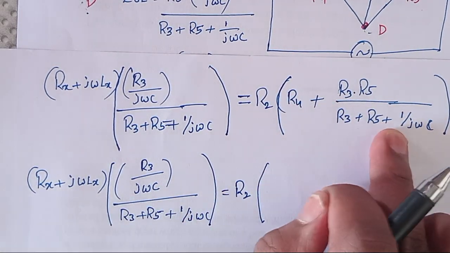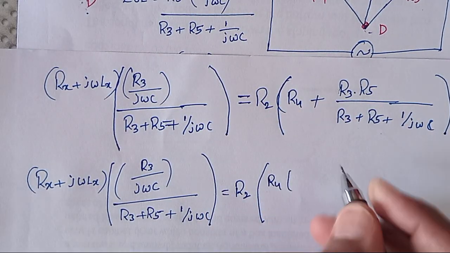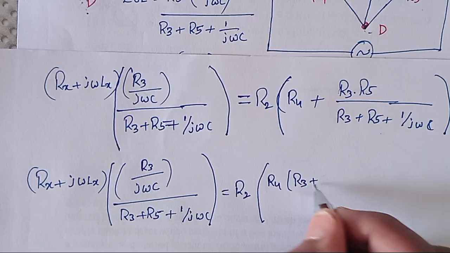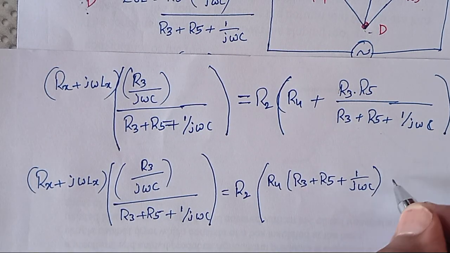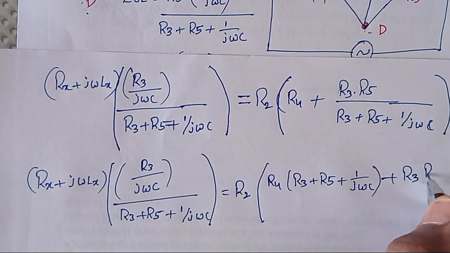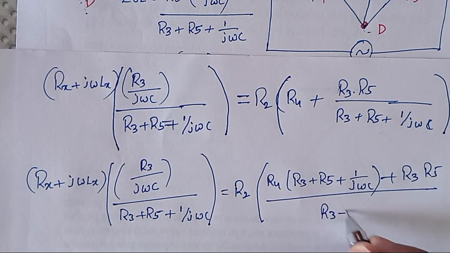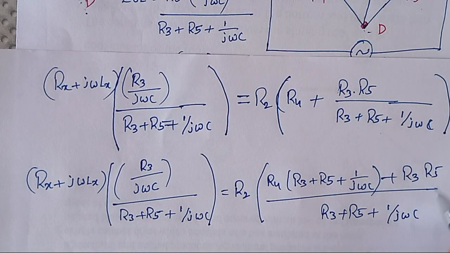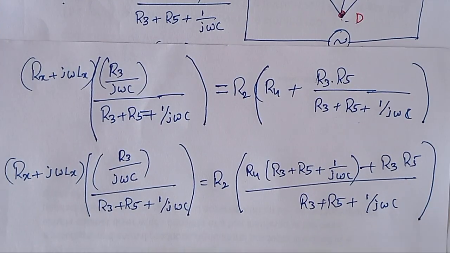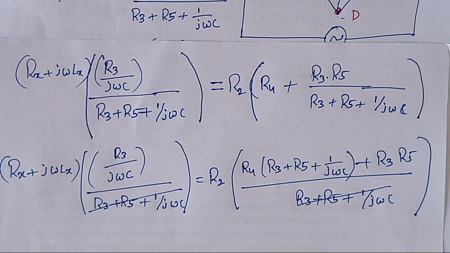So this one into this one, R4 into R3 plus R5 plus 1 by j omega C, plus R3 R5 by this term R3 plus R5 plus 1 by j omega C. Now this one will get cancelled.